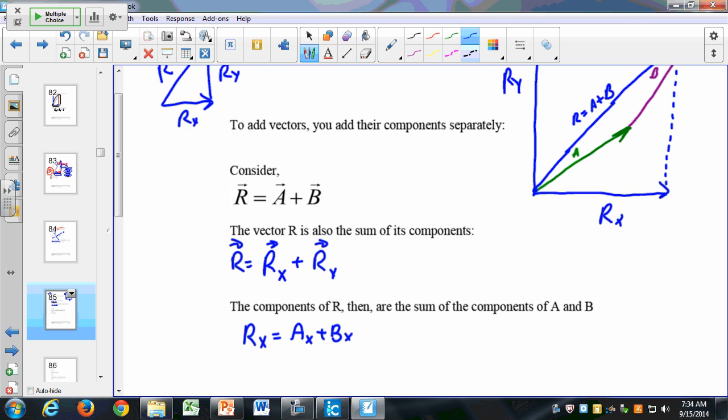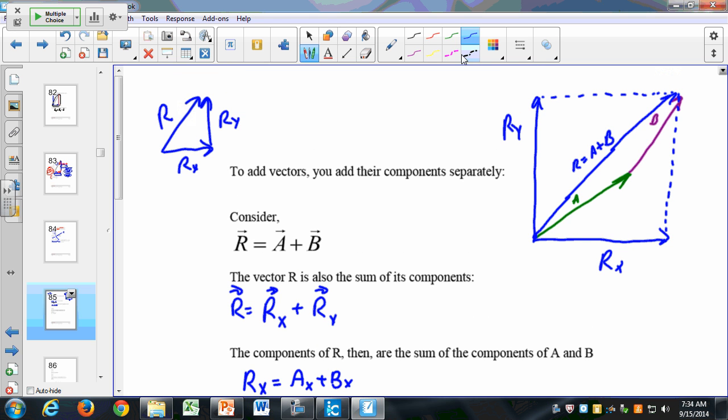So if I draw Ax up here, that is I drop this vector down to the x-axis. That's my vector Ax. And then if I do the same for Bx, that's the x component of B, Bx. Then Rx is equal to Ax plus Bx.